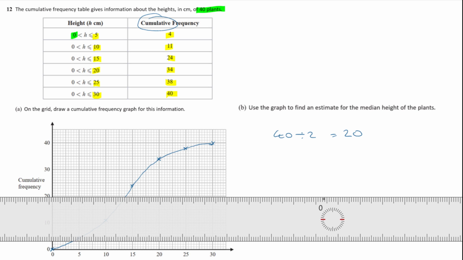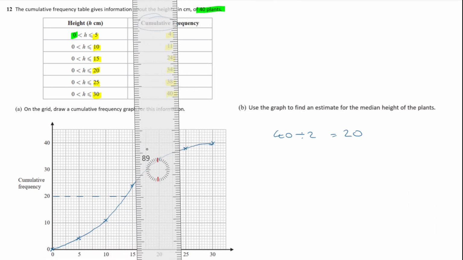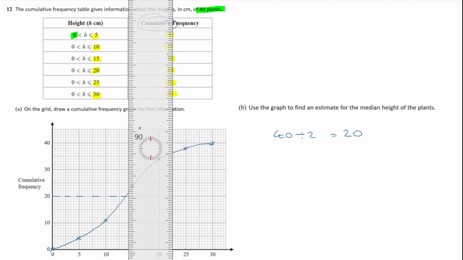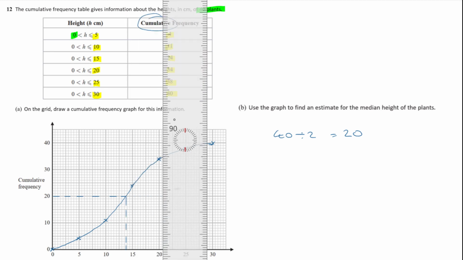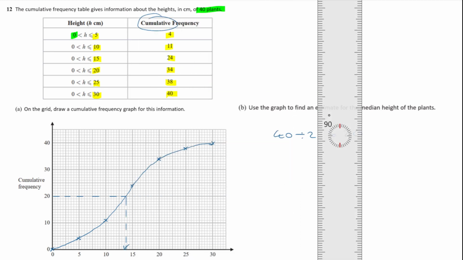Then I'm going to look across from 20 until I get to my curve. I'm going to switch directions, and I am then heading on down. So then that value there should be my median. What is that value? So I've got 10 divisions this time worth 5.